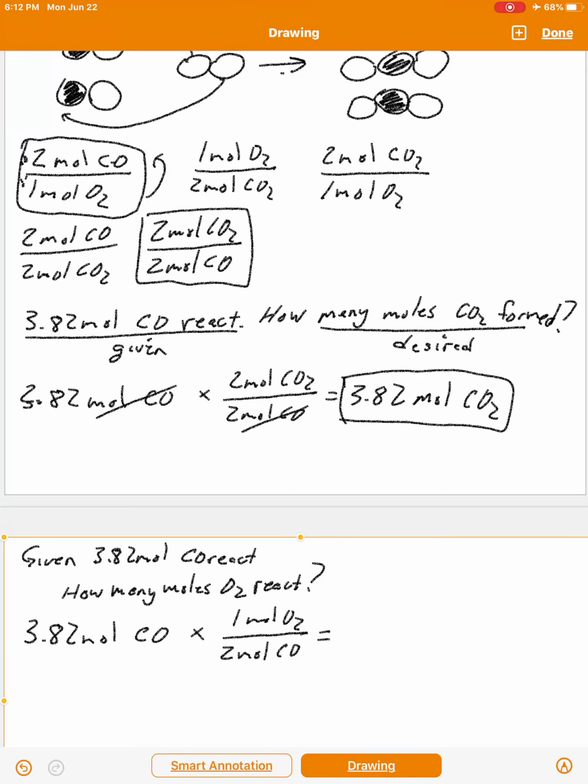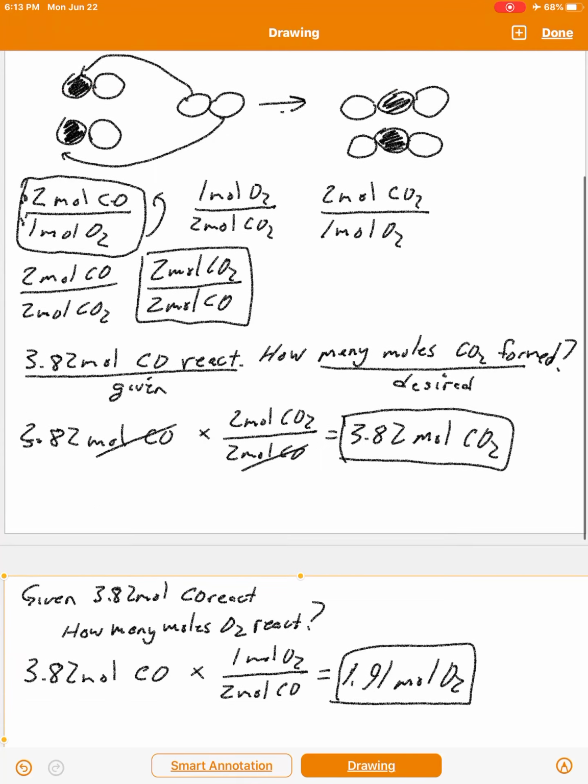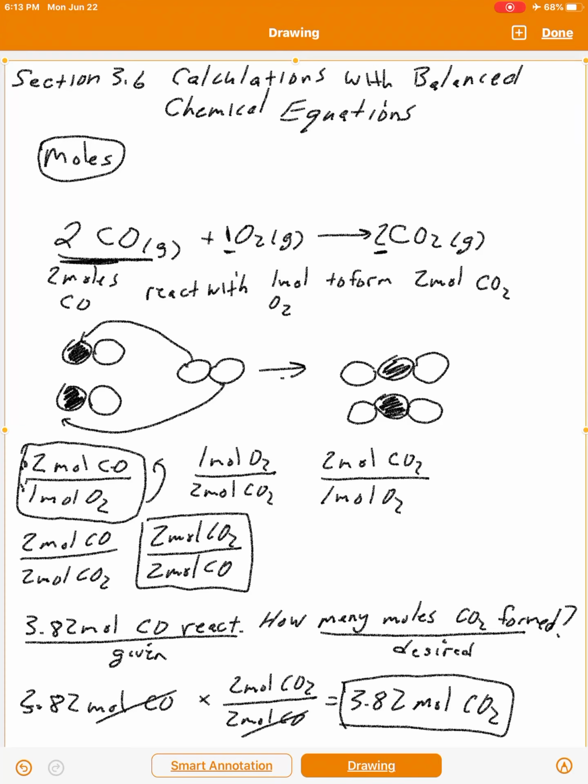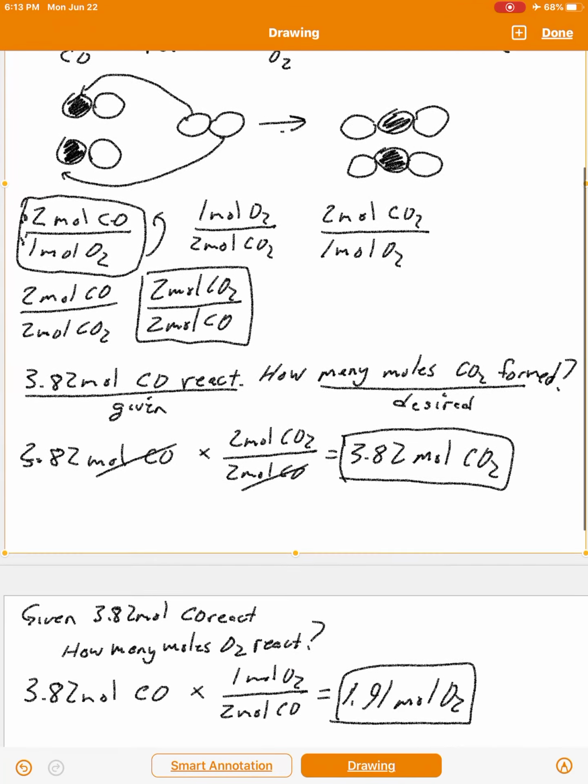So is that 1.91 moles of O2? So it turns out that if you have 3.82 moles of this reacting, it'll take half as much of the O2 to react, 1.91 moles, and then you'll get 3.82 moles of CO2 in the end.